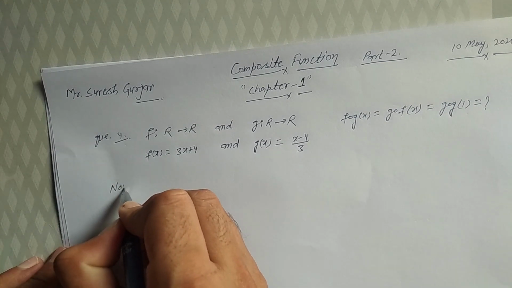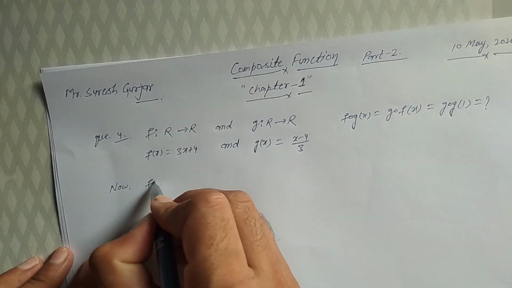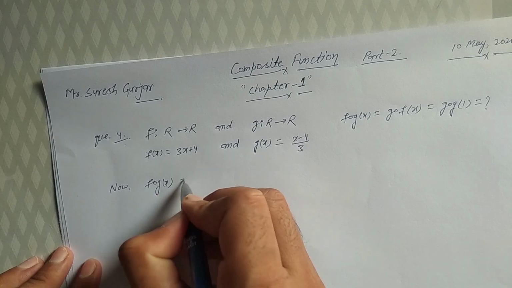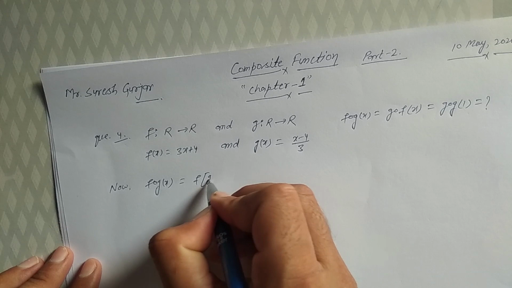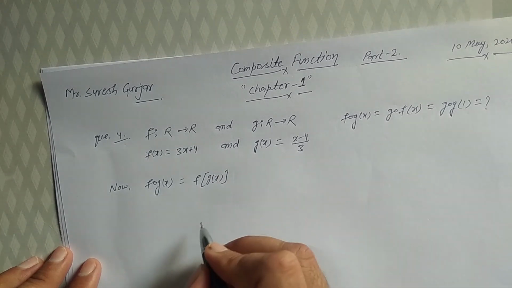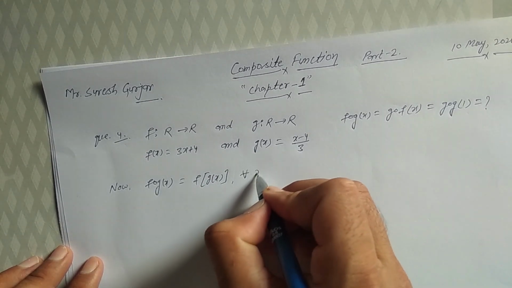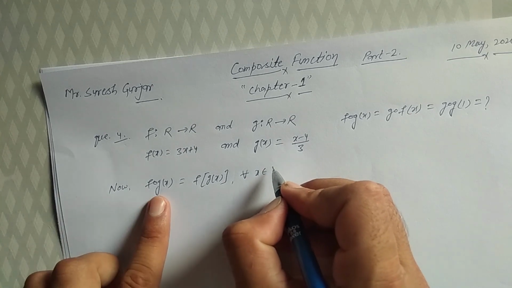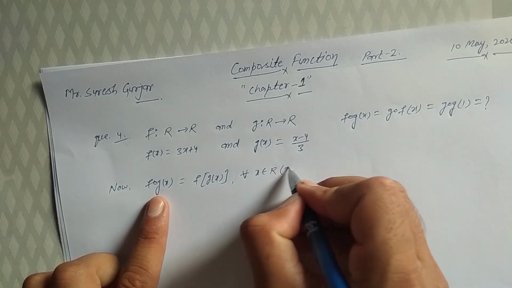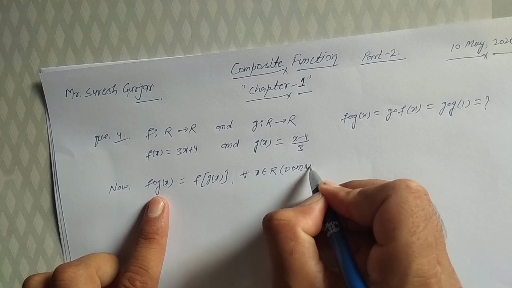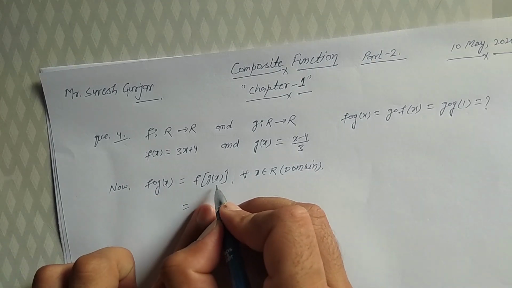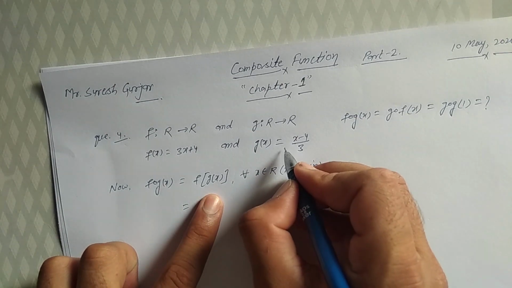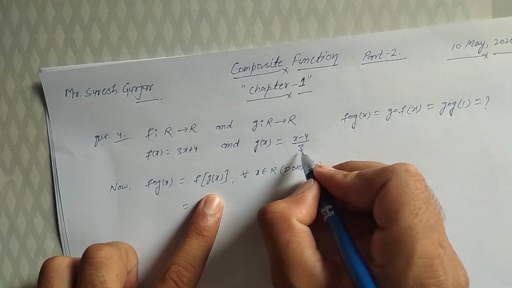Now fog(x) means f(g(x)) for all x belonging to the domain R. f(g(x)) is f((x - 4)/3).